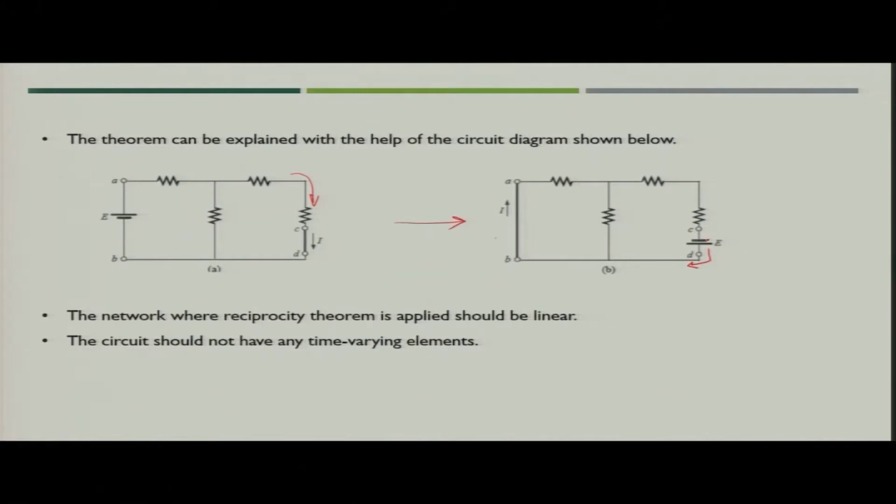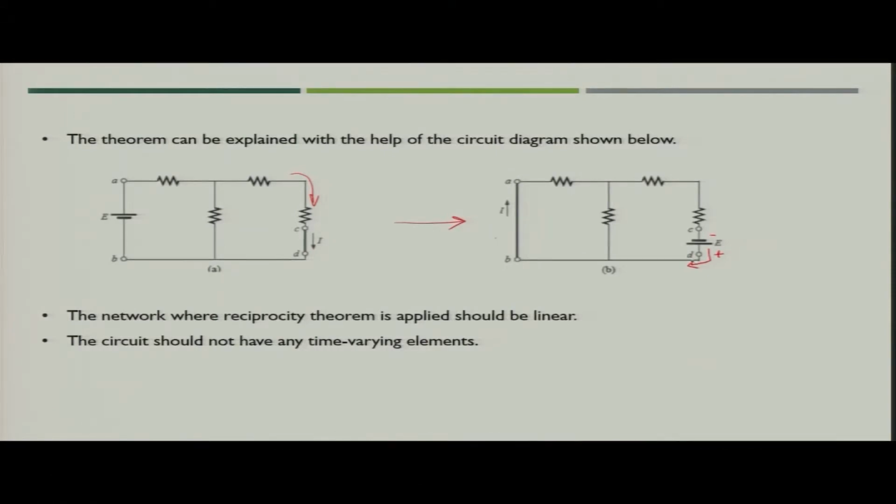That is why, if you see here, between C and D, the polarity of E is minus on the top and plus on the bottom. This makes sure that the current flowing from the source is in the same direction as when the original circuit was energized.